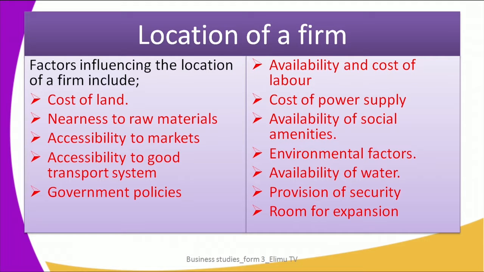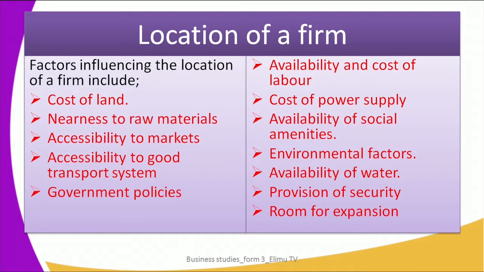The other one is the availability and the cost of labor. Before one starts a farm, you have to make sure that the right professionals, or the people who will be working in the farm, are available. And number two, that you can afford to pay them.